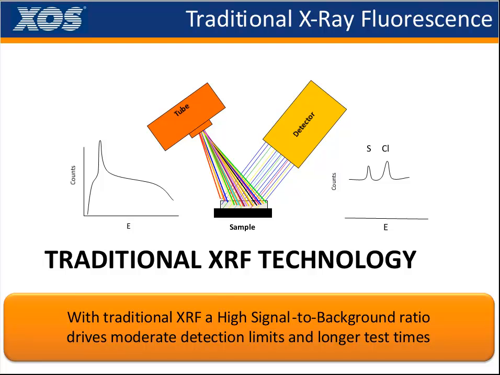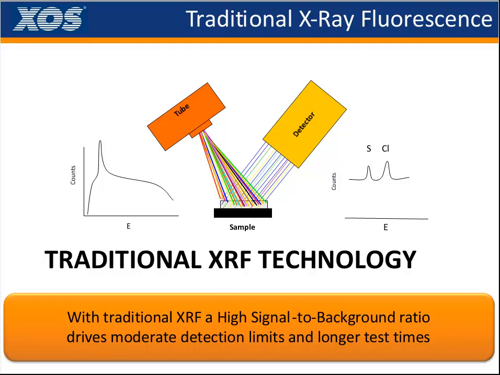And from this picture, we can see the basic principle and the structure of the instrument for the traditional, what we can call the first generation, portable XRF technology. There's a tube, the source of X-ray. The source of X-ray emits a mixture of different energy X-rays onto the sample.